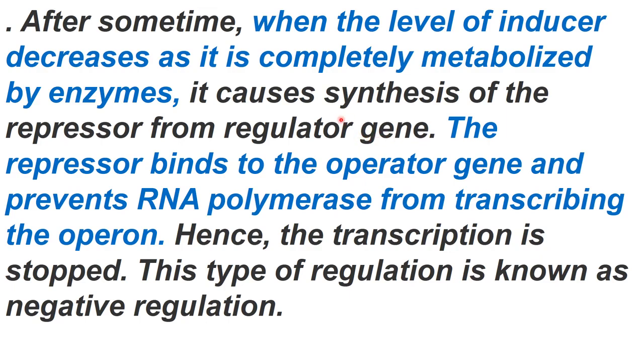The regulator gene will form the repressor, and now there is no inducer to bind with the repressor and to inactivate it. So what will happen? This repressor will bind to the operator gene and prevent RNA polymerase from transcribing the operon. So you can say the transcription is stopped. This type of regulation is known as negative regulation.